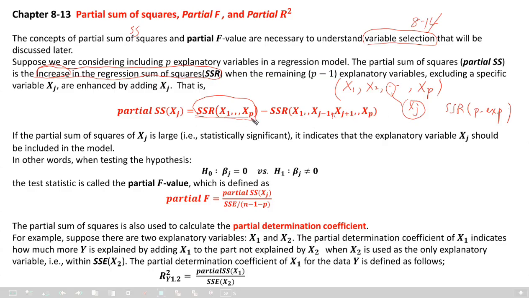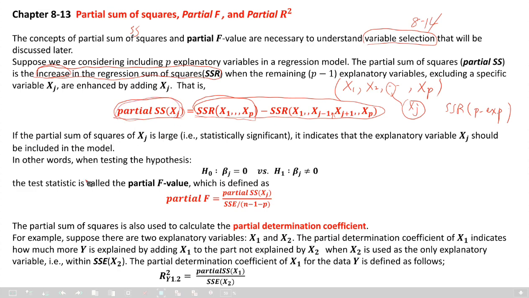That is the increase of SSR, we call partial sum of square of xj. Get it?